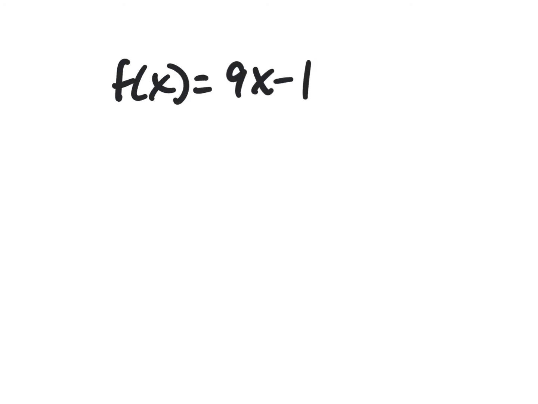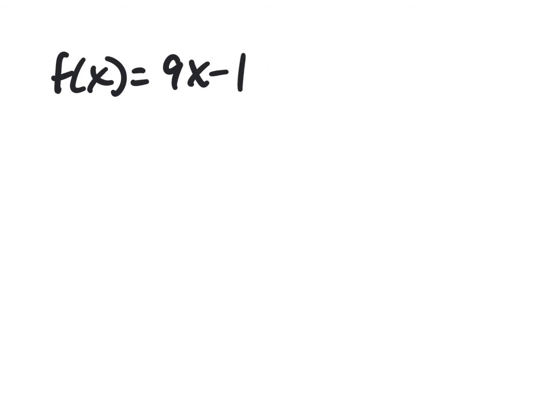And I'm going to do a couple more like that. Everybody write this one down. F of x equals 9x minus 1. And if I were you, I'd switch colors. G of x equals x squared plus 2.